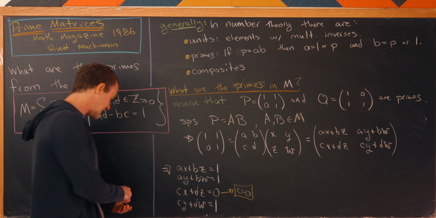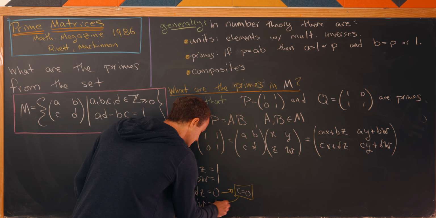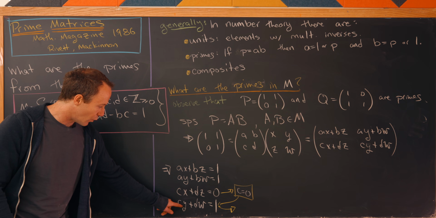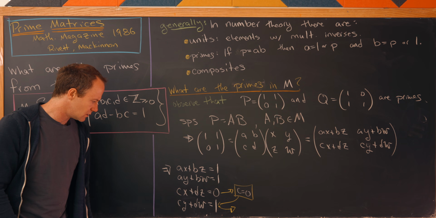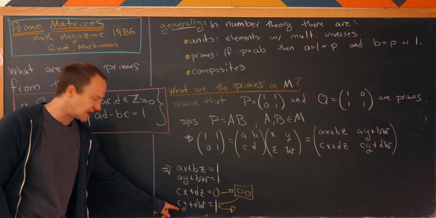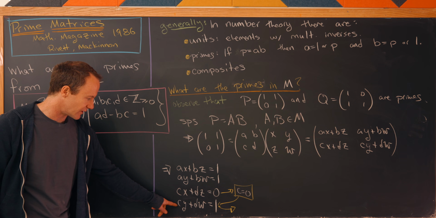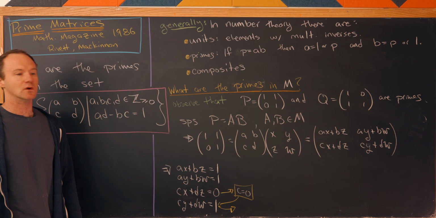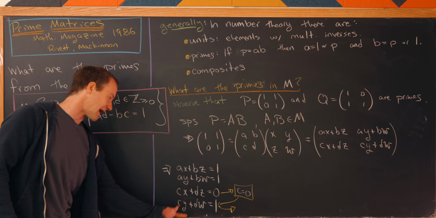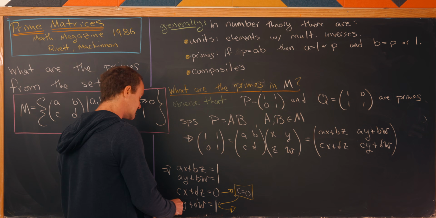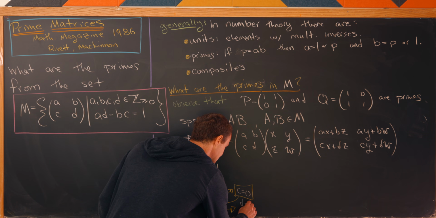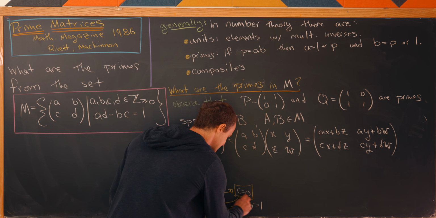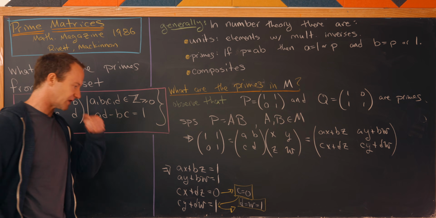Okay, but now plugging that into this equation, notice that means that Y is really allowed to be anything at the moment because we've got a 0 here. But it also means that D times W must be equal to 1 because this collapses to 0. But if D times W equals 1, that means that D equals W equals 1. So that's what we get after this first round of simplification.